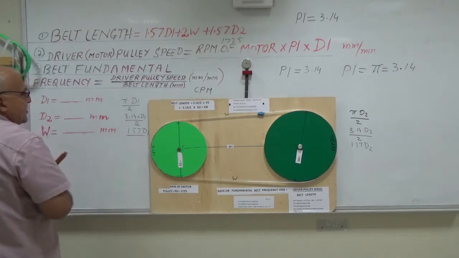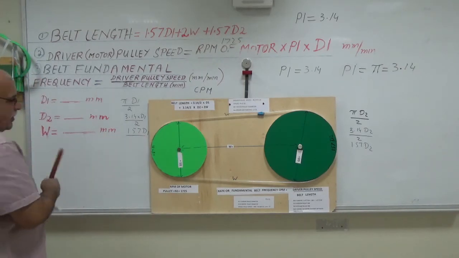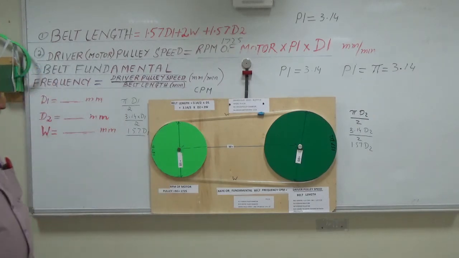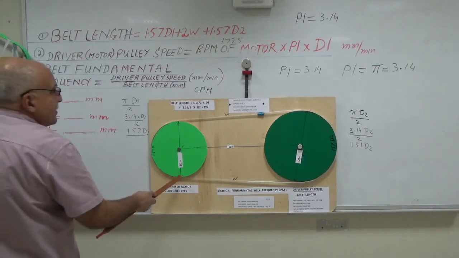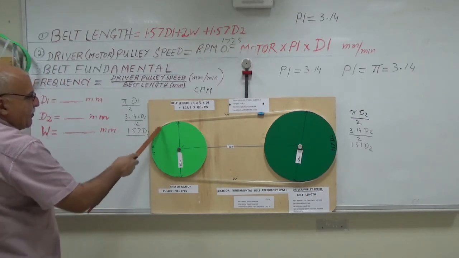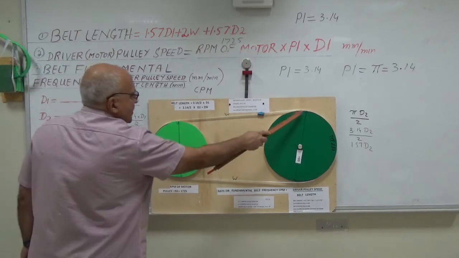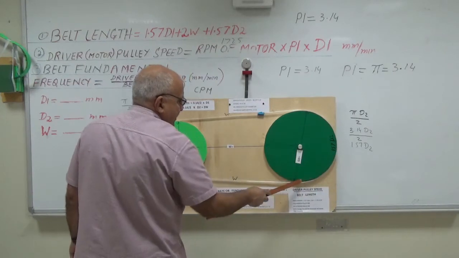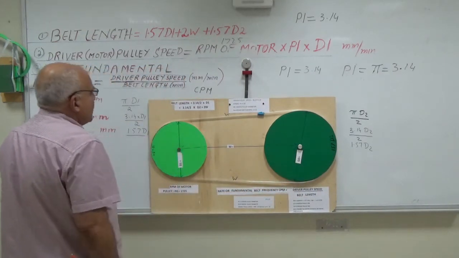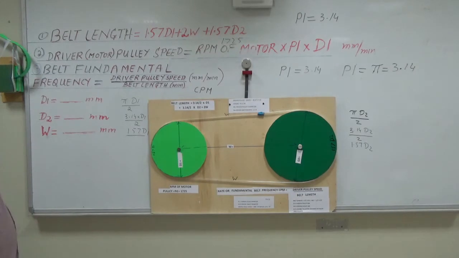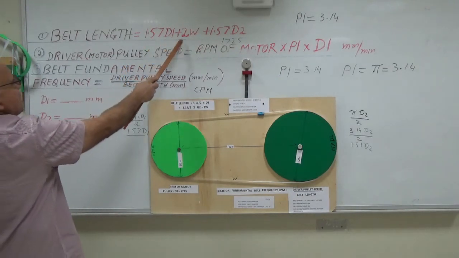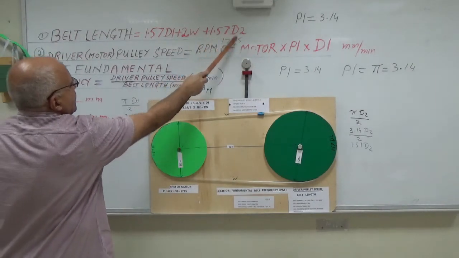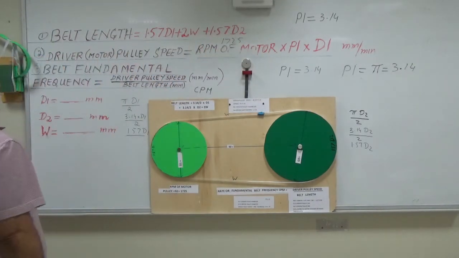So this distance is 1.57 d1, plus this distance w, plus 1.57 d2, plus this w. So it becomes 1.57 d1 plus 2w, this w plus this w is 2w, plus 1.57 d2. This will give me the belt length.